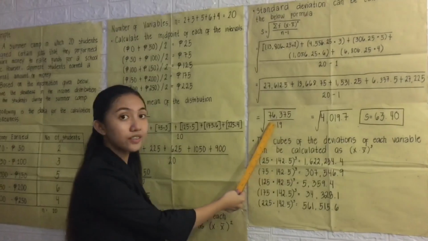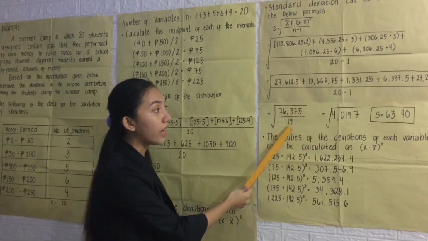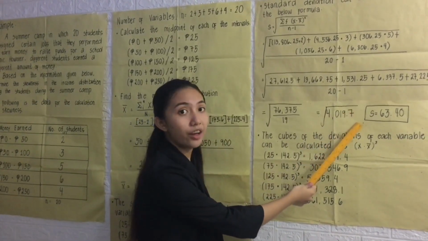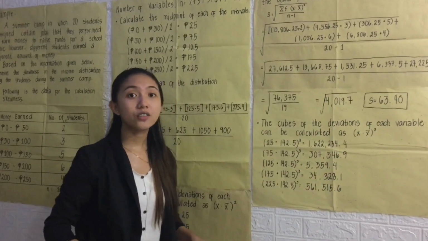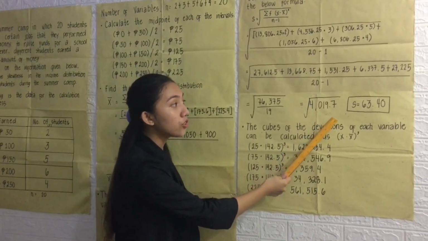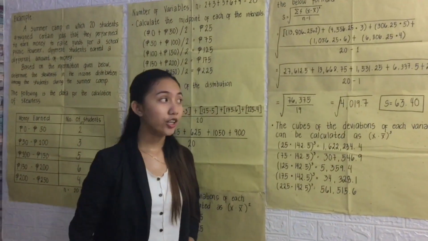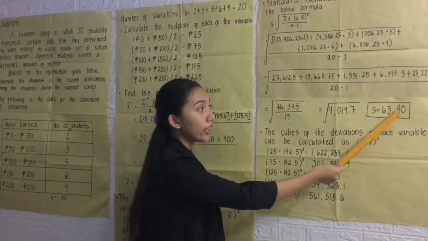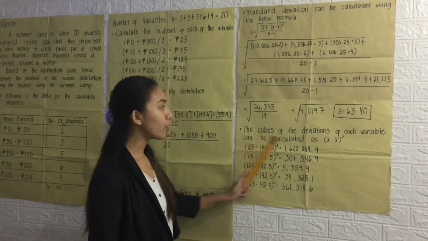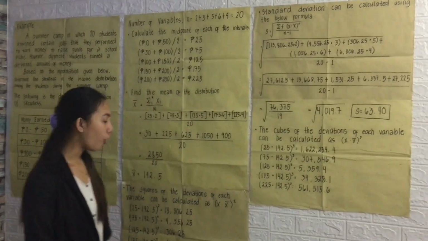So 76,375 divided by 19 is equal to 4,019.7. So we will find the square root of this number, which is equal to 63.40. So our standard deviation is 63.40.